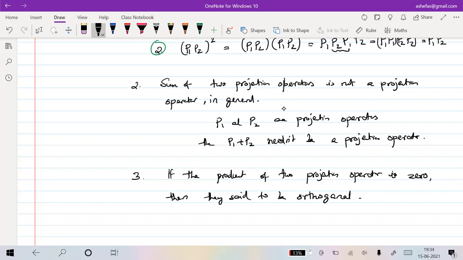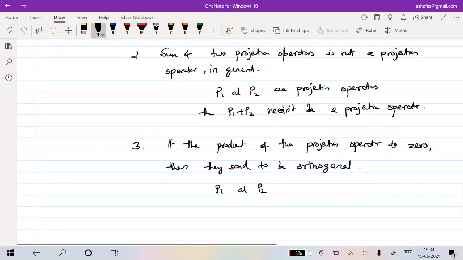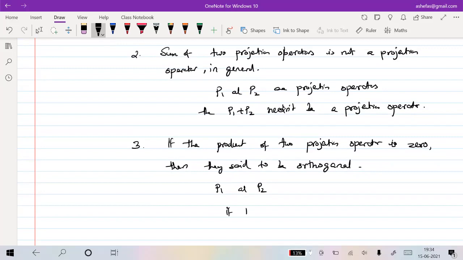Orthogonal. Okay, so if we have two projection operators P1 and P2, and if P1 times P2 equals 0, then they are orthogonal.